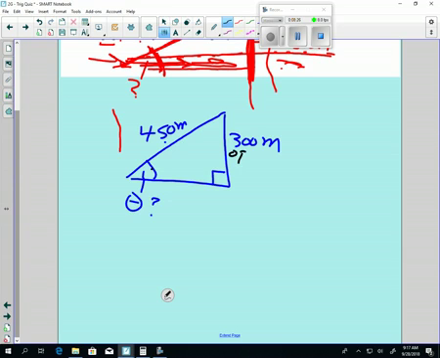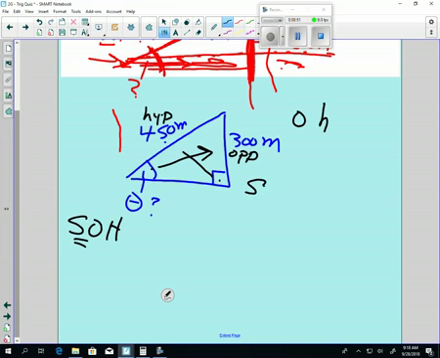This is the opposite side, opposite the angle. This is the right angle, so this has got to be the hypotenuse. Opposite, hypotenuse, OH. Those are the two given numbers. The only trig ratio that has OH in it is sine. So we go sine of the angle equals opposite side over hypotenuse.